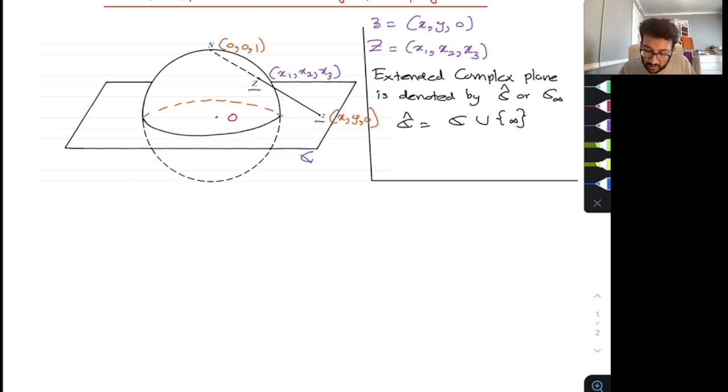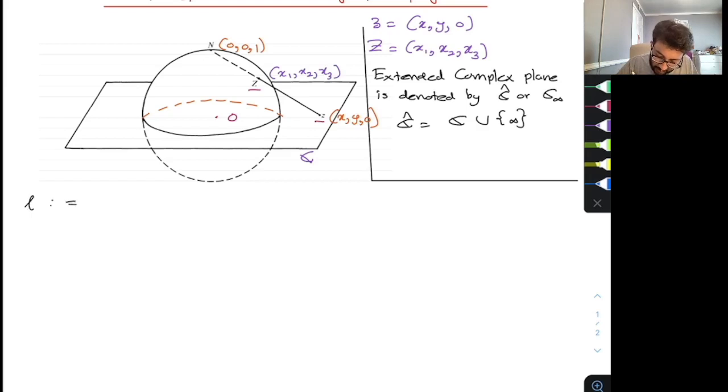So that is the story, and I will derive expressions algebraically now. First thing that we need to do is find the equation of a straight line which connects my north pole and complex number z. I will denote that line as L.